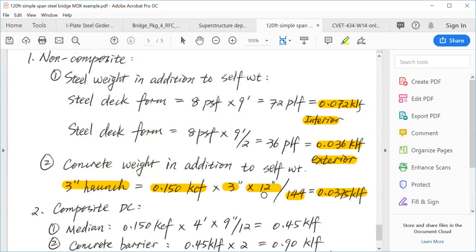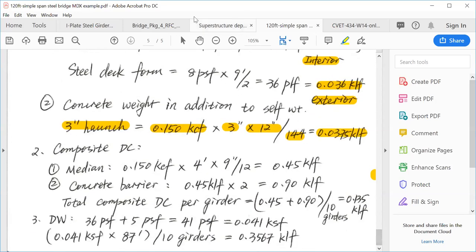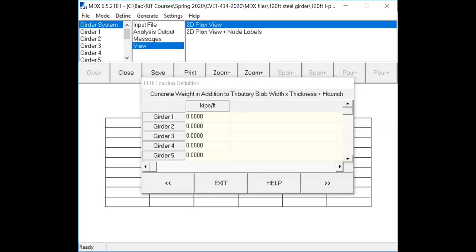So I get 0.0375 kips per linear foot. That's the haunch on each girder line.